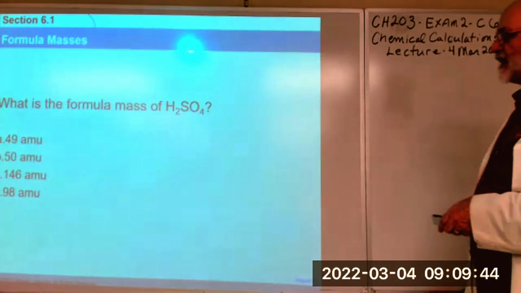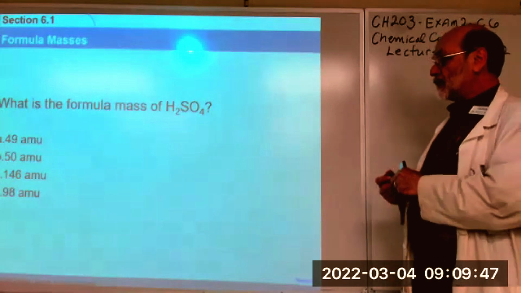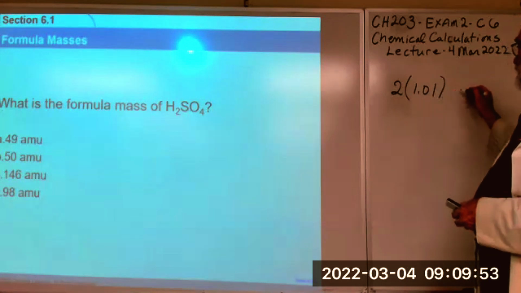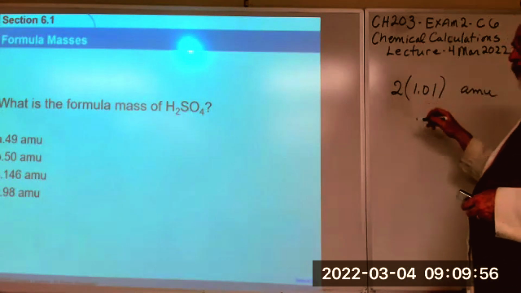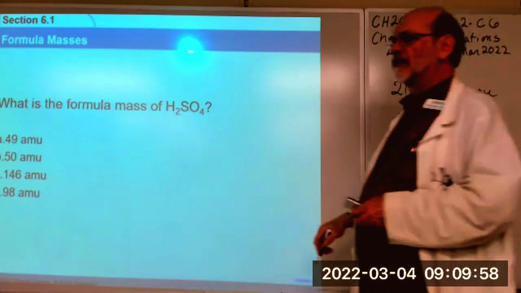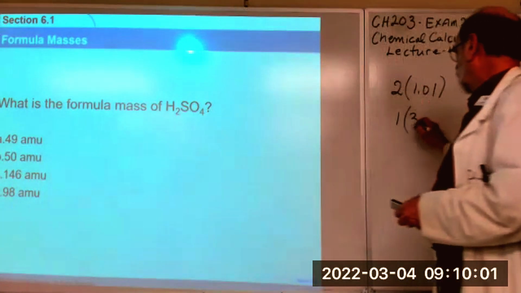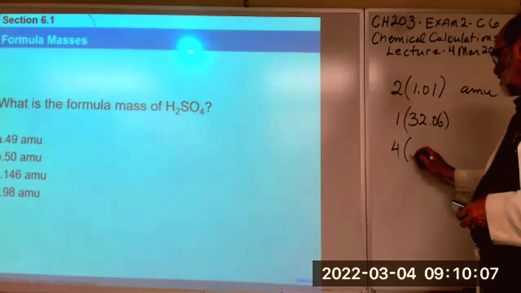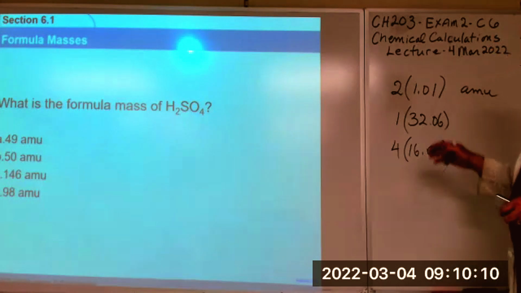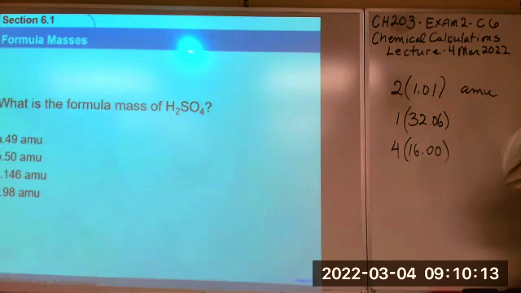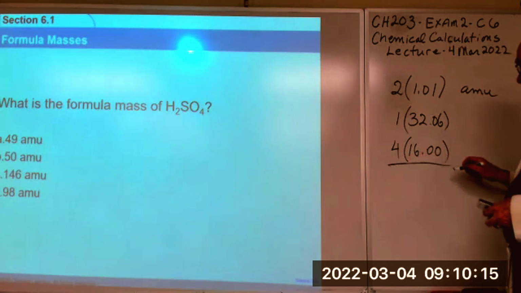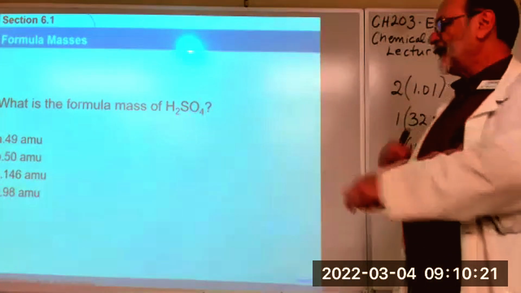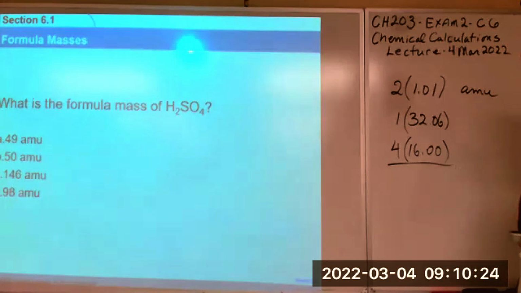Okay, so what's the formula mass for H2SO4? All we have to do is add up, right, 2 hydrogens, and these are all atomic mass units. And 1 sulfur, I have to look that one up, 32.06, I think. Correct me if I'm wrong. And then 4 oxygens. I always round off to 2 decimal places, because that's sufficient for our work. And then we just add those together. In the interest of time, I think it's 98.